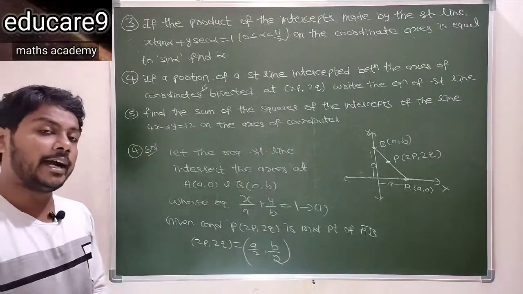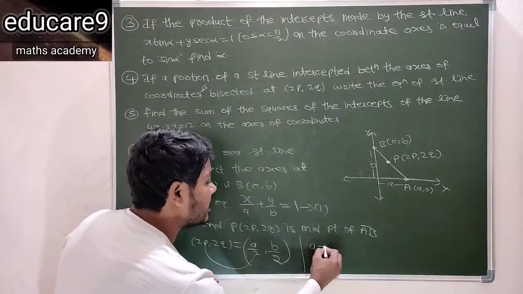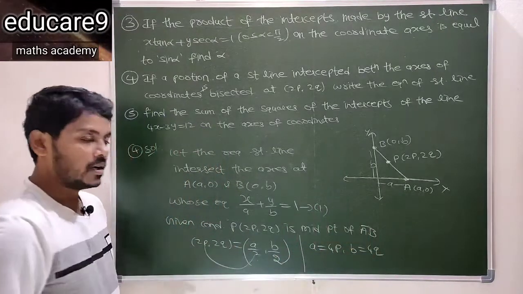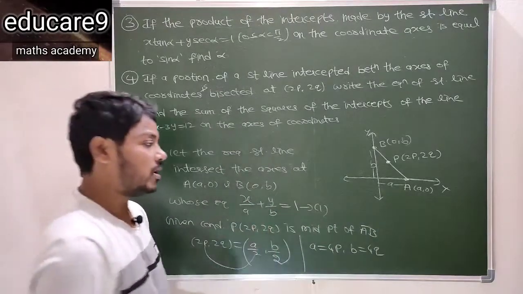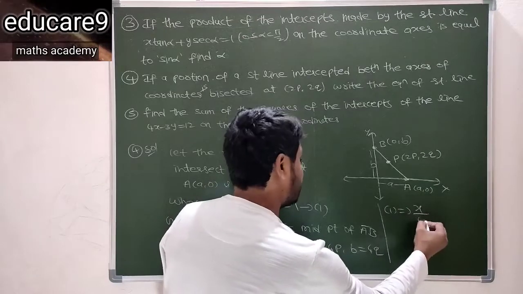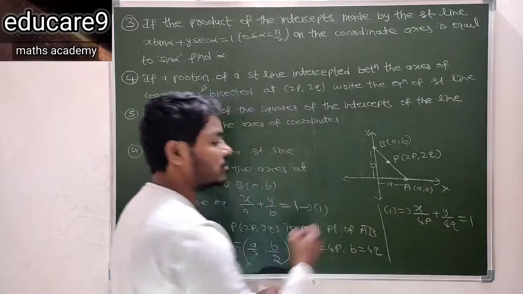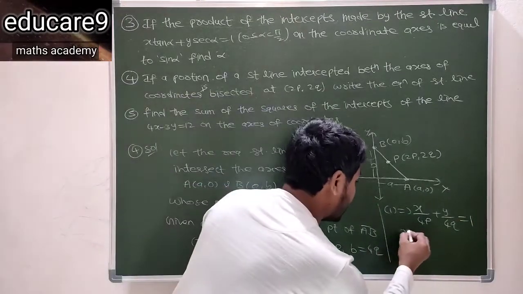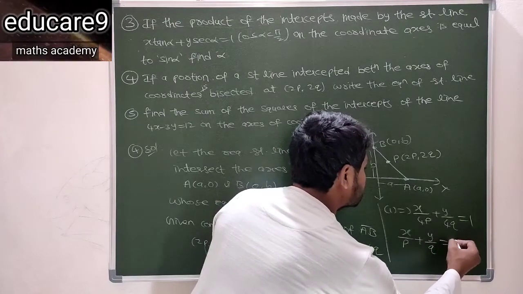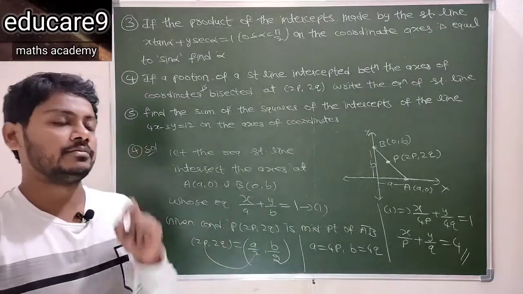From this you need to find the values of a and b. So equating first and last, a is equal to 4p and b is equal to 4q. So substitute a, b in equation 1. So equation 1 implies x by 4p plus y by 4q is equal to 1. So therefore the required equation is x by p plus y by q is equal to 4. This is the required straight line equation.